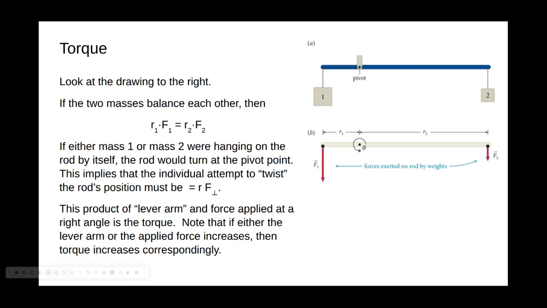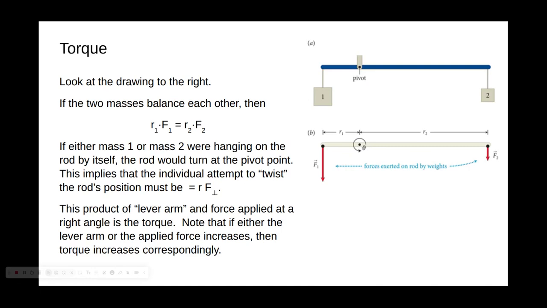Now imagine you had to set up something like shown here, where you have a rod attached to a pivot point of some sort, and you've got a couple of masses suspended from it. And mass 1 is obviously larger than mass 2. But imagine in this situation that these two forces are balancing each other.